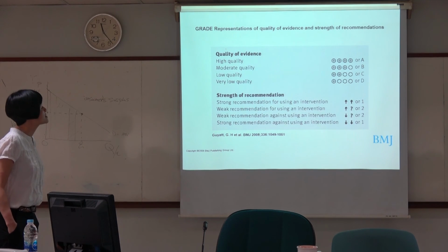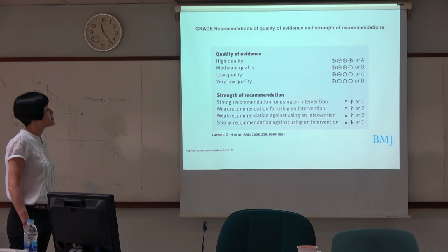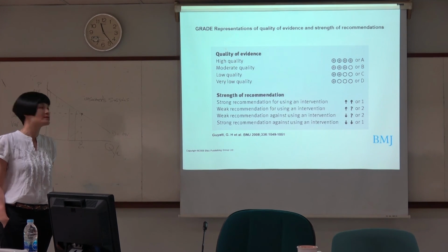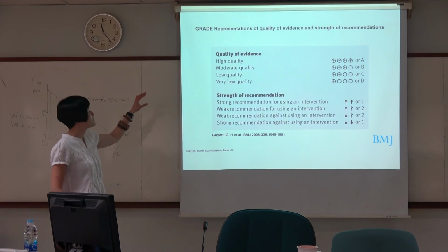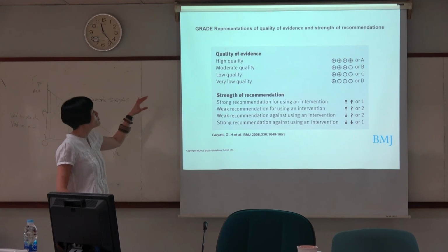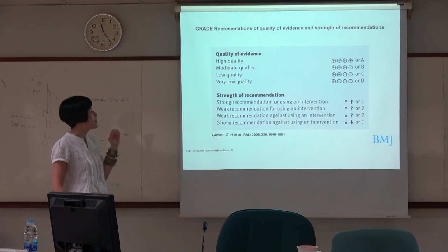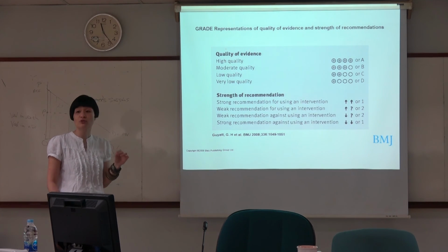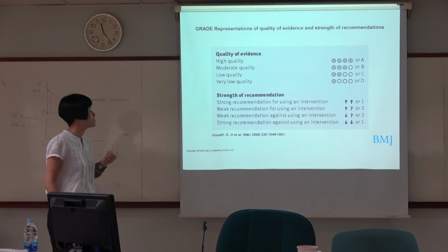So this is the GRADE representation of quality of evidence that is often used, mostly in clinical guidelines. So first of all, you rate your quality of evidence in terms of high, moderate, low, or very low quality. So you can use a diagram on the right over there. And based on your evidence, if you make a recommendation or draw a conclusion, how strong is your recommendation?